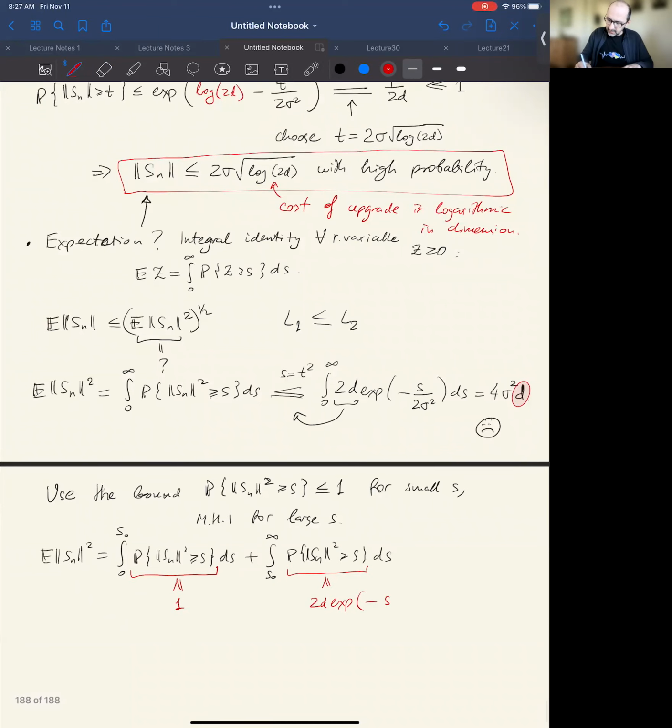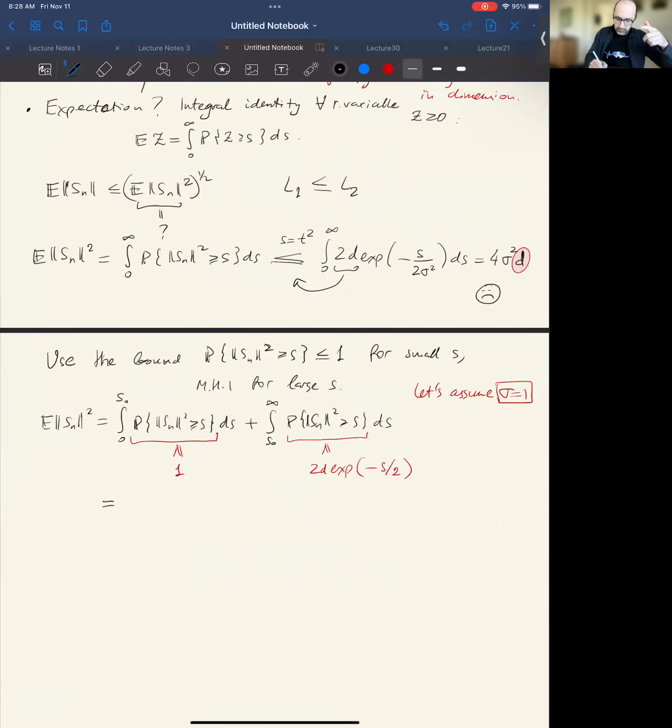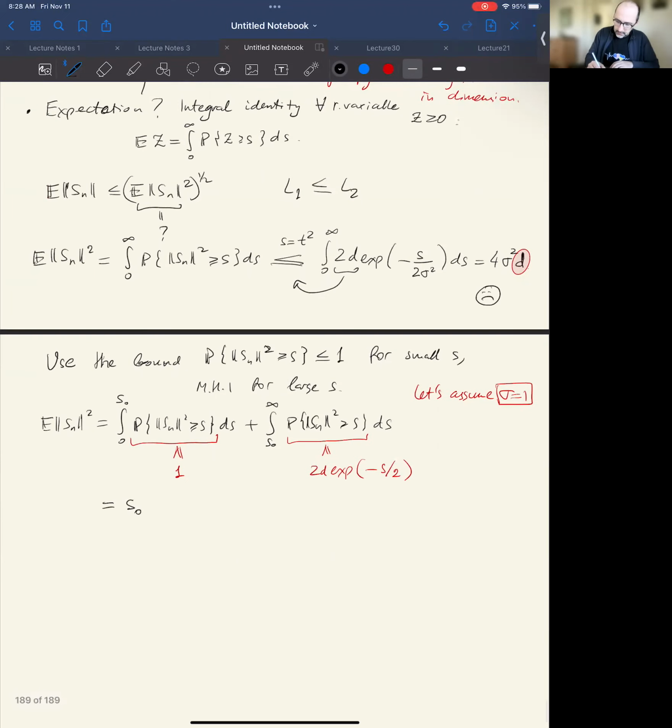You know what? For this, let's assume sigma is 1, just to make things simpler this time, just to check that everything is good. Then we can bring it back. So e to the minus s over 2. Okay, so this becomes, well, the integral of 1 becomes just the length of this interval, S0 plus, and the second one is 2d.